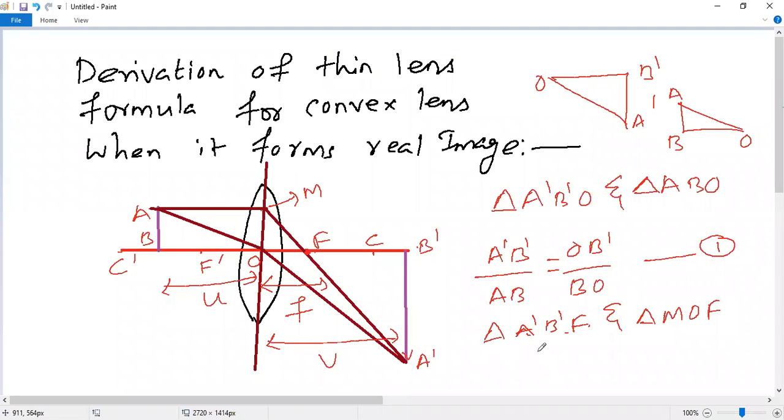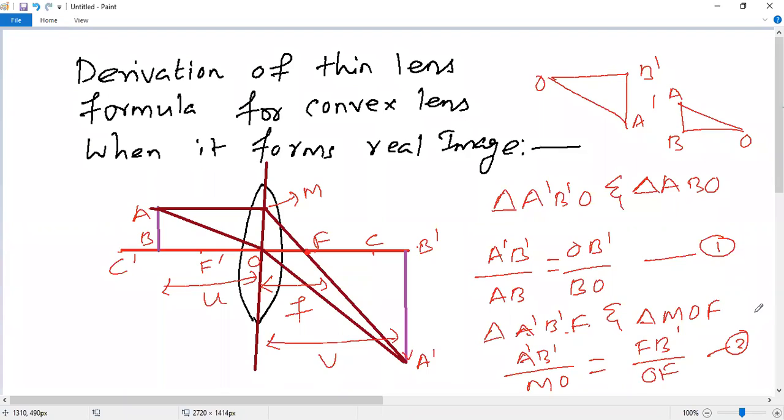So A dash B dash divided by MO is equal to FB dash divided by OF. This is equation number 2.